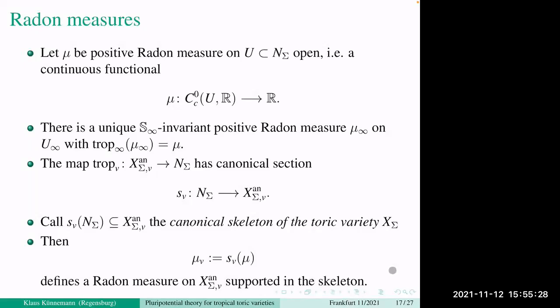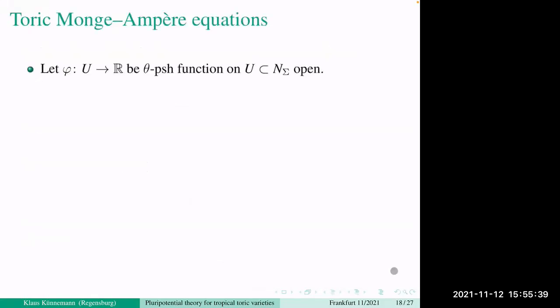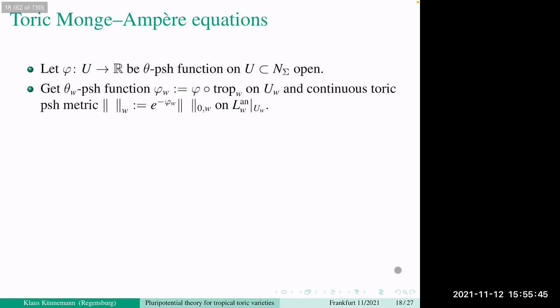Okay, so now we have measures everywhere, and we can start to look for Monge-Ampère equations. Of course, now all the notions have been related. So let's look at a toric Monge-Ampère equation. We look at a theta-PSH function on U. Then we compose with the tropicalization map, and we get theta_W-PSH functions on U_W.